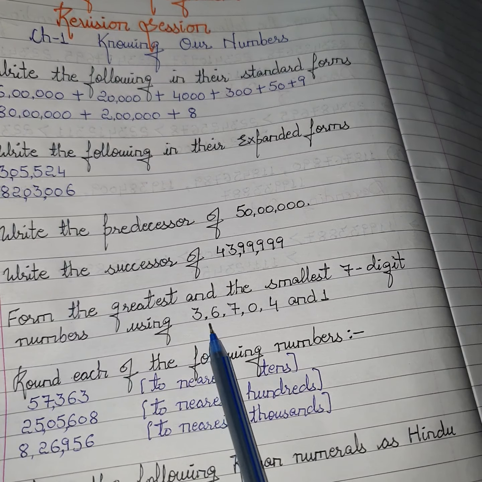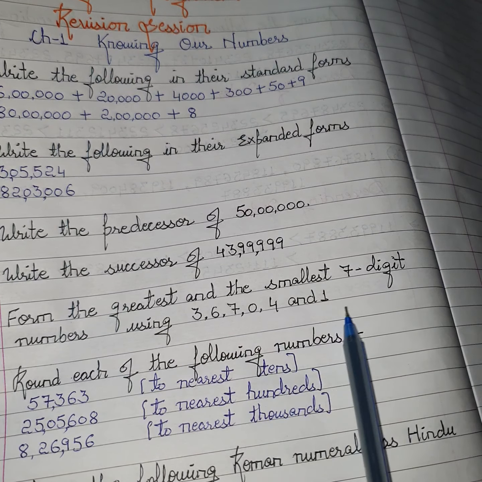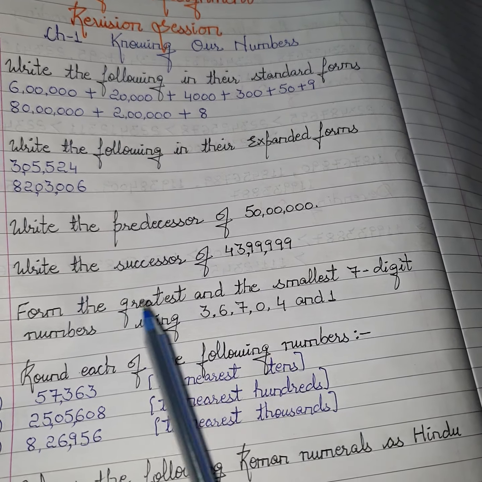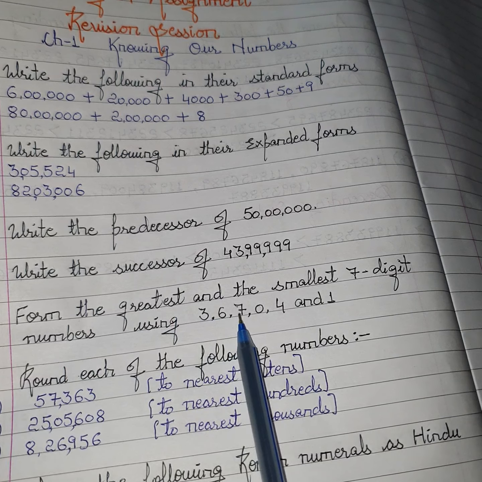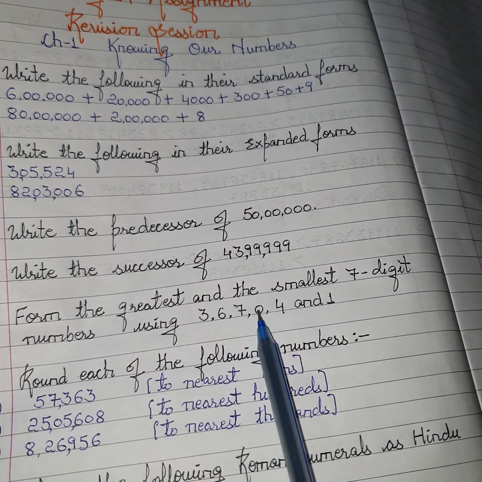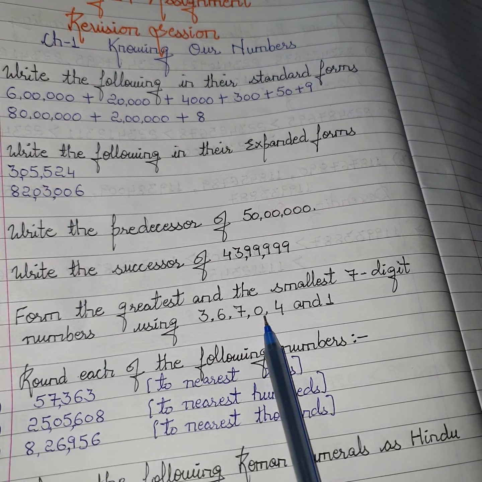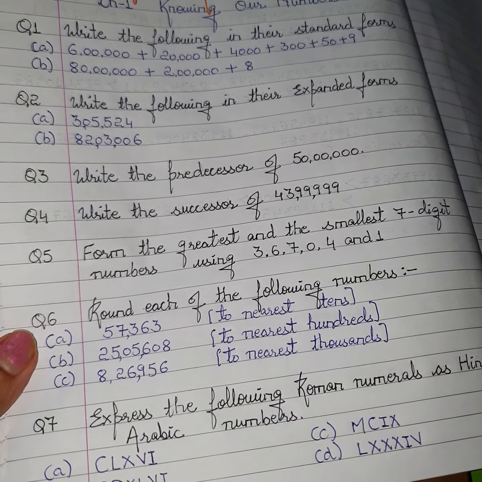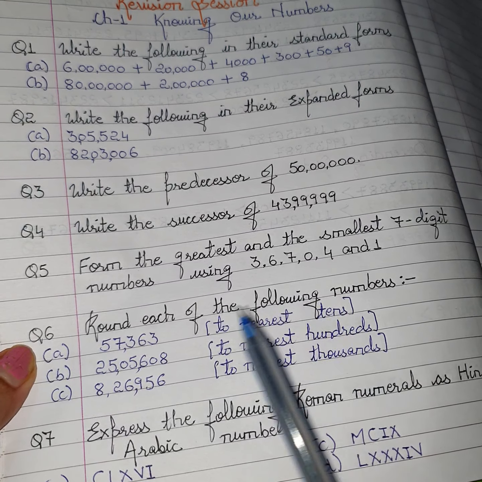See, 6 digits are given and you have to write a 7-digit number. So when you will be writing the greatest number, the greatest digit will come 2 times. And when you will be writing the smallest number, the smallest digit will come 2 times. So try to solve it, and then in next video you will get the written solution of these questions.